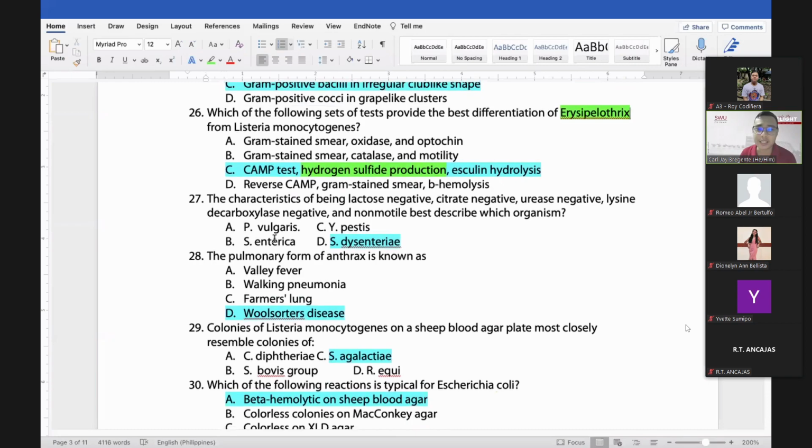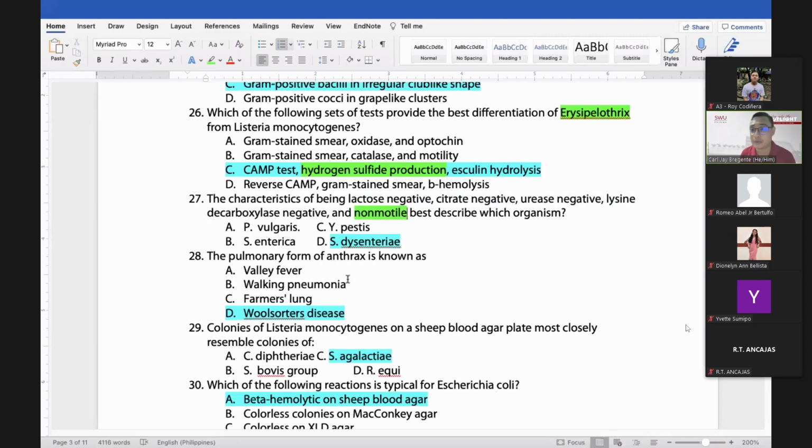27. Characteristics of being lactose negative, citrate negative, urease negative, lysine negative, and non-motile. Okay? Remember, even if you forget these results, class, the clue here is non-motile. Which of the following here is non-motile?